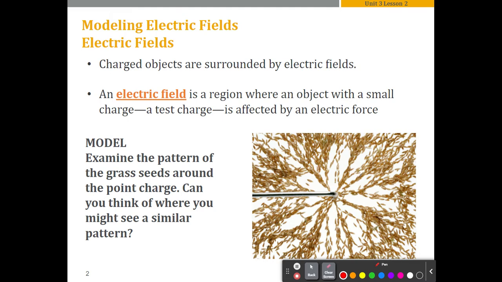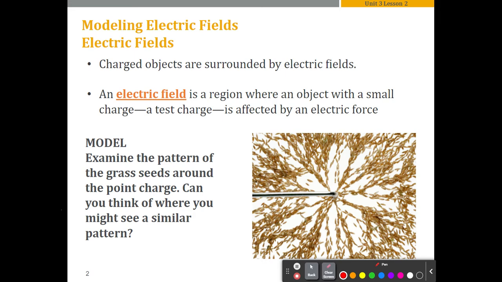We see a pattern where the grass seeds come together and they form lines radiating from that point charge. So they're affected by that charge. They are in the electric field. These lines show that there is an electric field around that point charge.